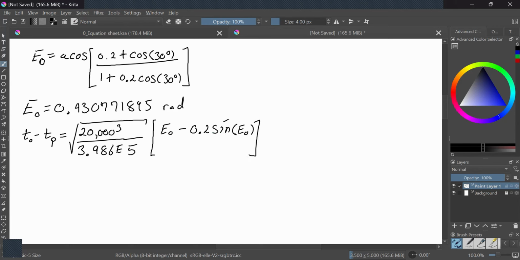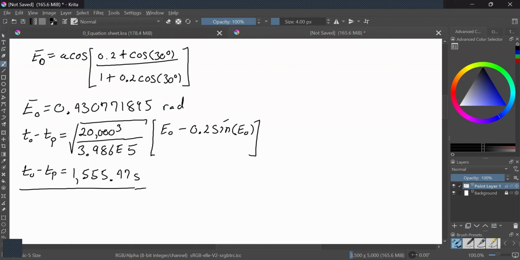And I'm just doing that to save me some time. So that will become 15,000. Sorry, not 15,000. I miscounted decimals. 1,555.47 seconds. Go ahead and underline that.